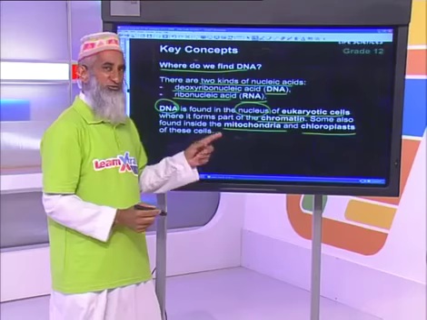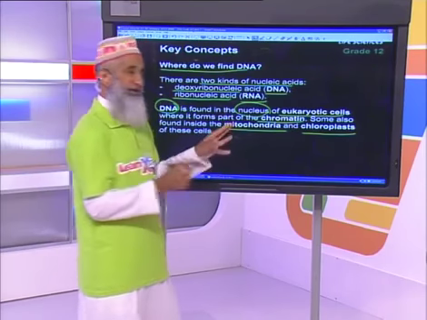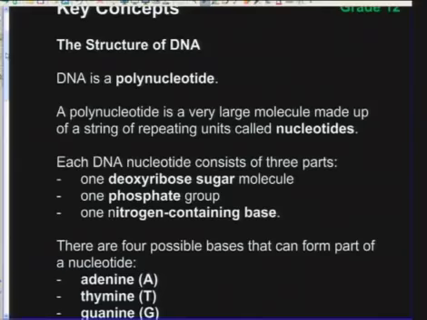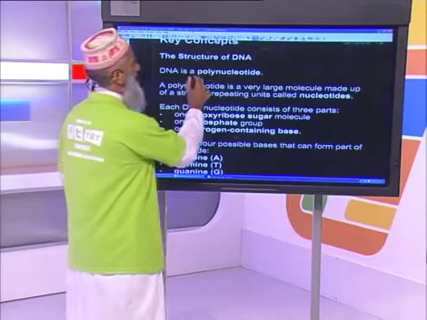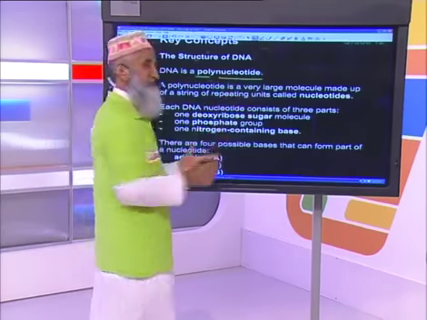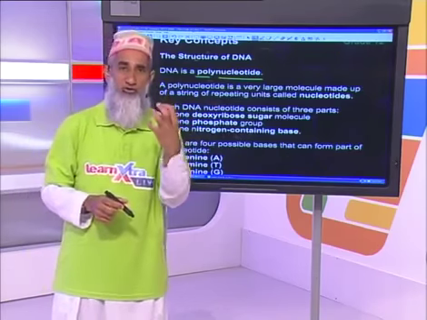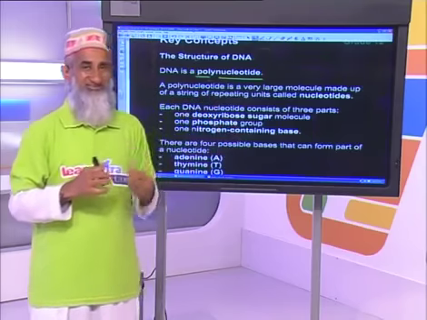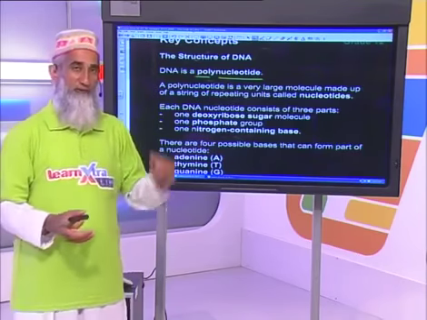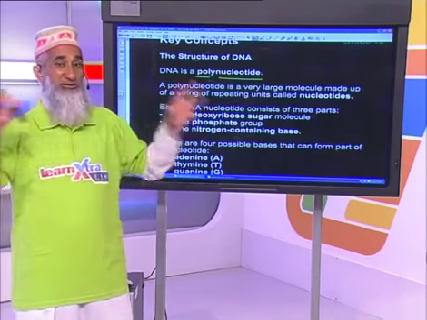Now, notice the big words, write them down. Polynucleotide. Nucleotide we've already discussed. Nucleotide is a building block of the nucleic acids, DNA and RNA. Both are made up of nucleotides, many nucleotides.